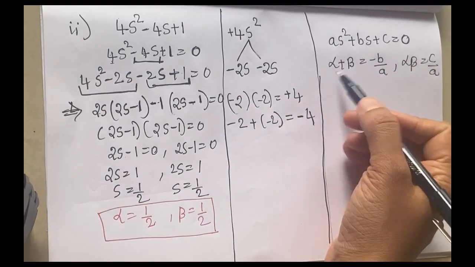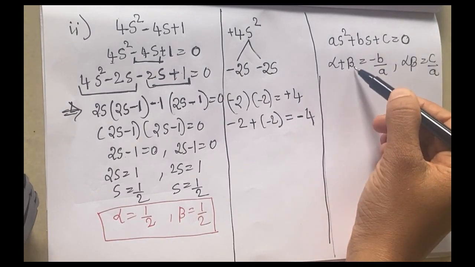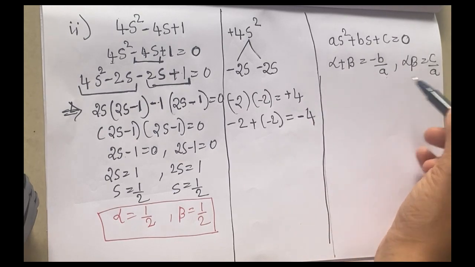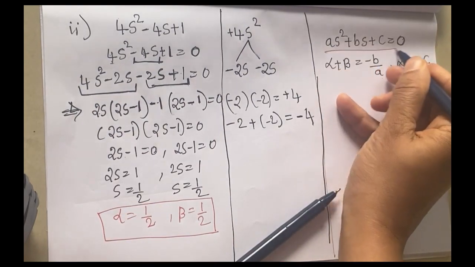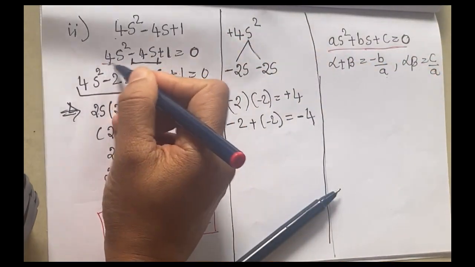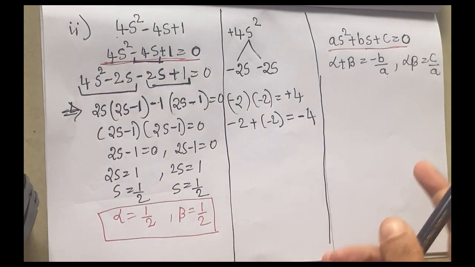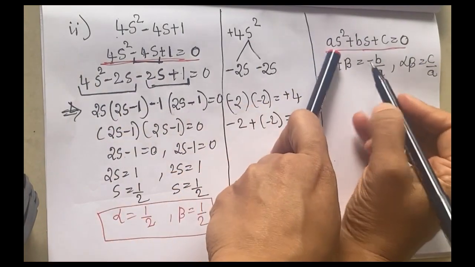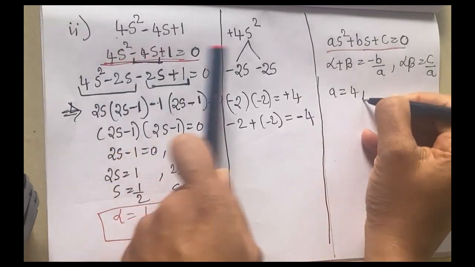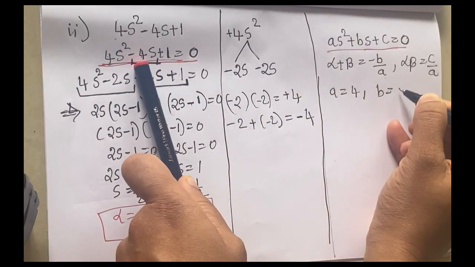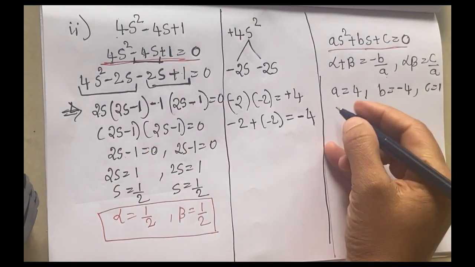This is the relationship between zeros alpha, beta and the coefficients. The sum is always minus b by a and the product is c by a. When you compare this with the given problem 4s square minus 4s plus 1, a is 4, b is minus 4, and c is 1.